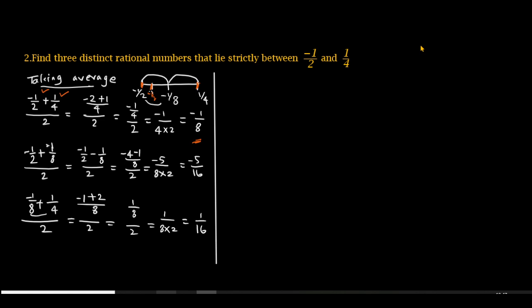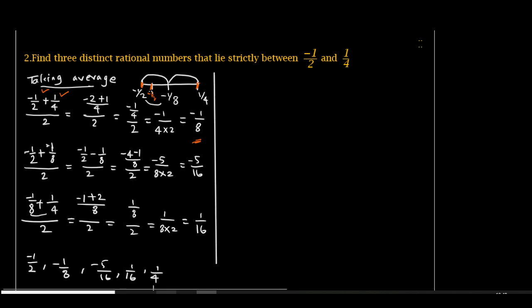Then you can find the number. So these are the numbers in between: minus 1 by 2, then minus 5 by 16, minus 1 by 8 and 1 by 16, then we have 1 by 4. So these are the three numbers in between the given two numbers.